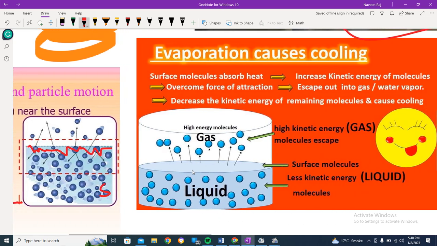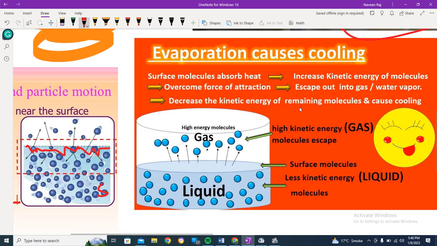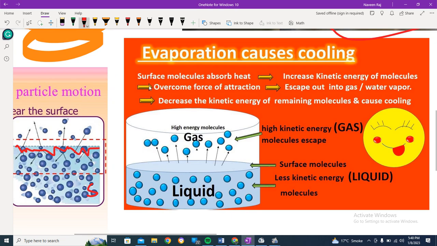Now here we have another slide which shows that surface molecules absorb heat, which increases their kinetic energy, they overcome the force of attraction, and escape into the gas or water vapor form, decreasing the kinetic energy in the remaining molecules and causing cooling. These are all the steps. This is the summary of the topic.